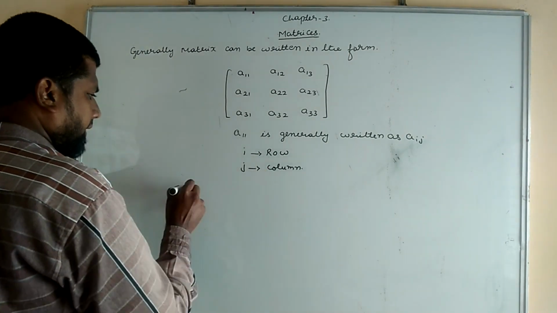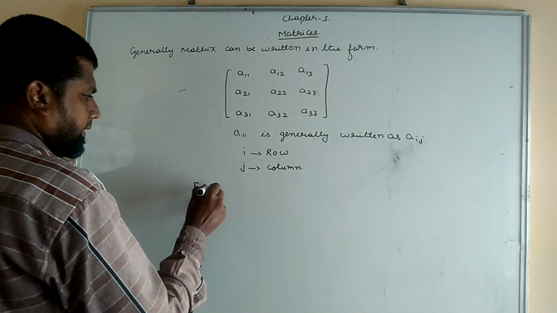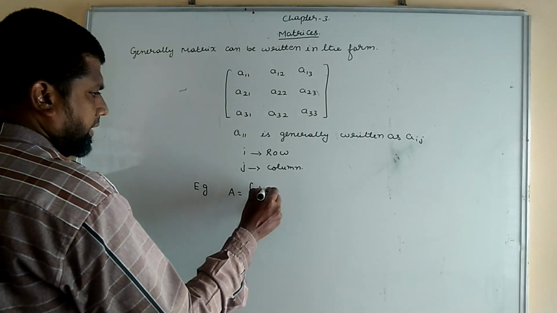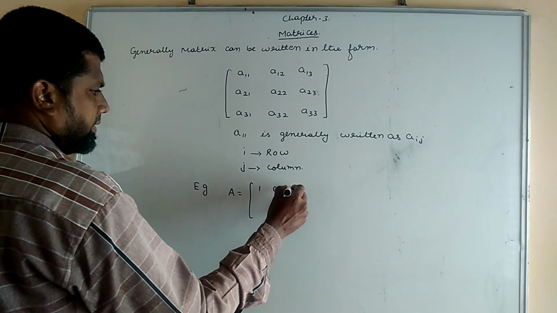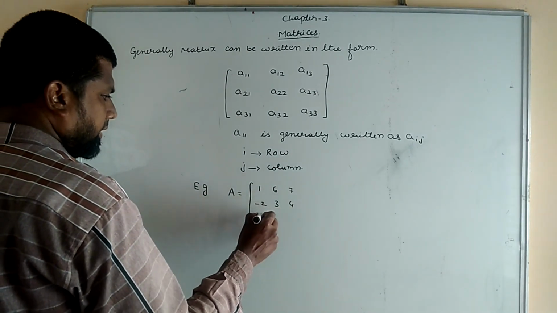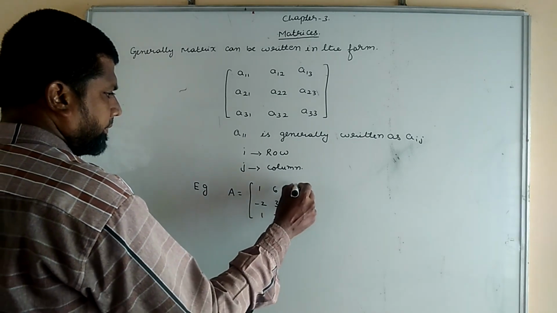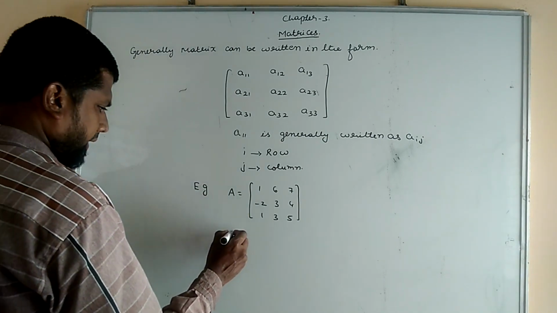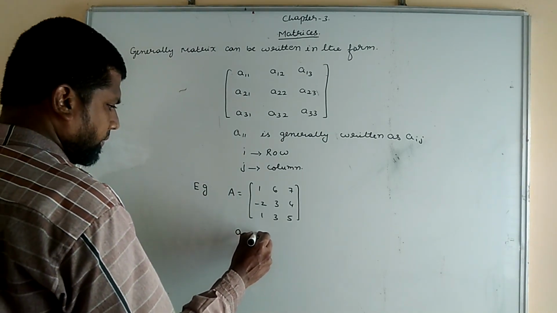So let us take an example. A is 1 4 1, 6 7 minus 2, 3 4 1, 3 5. So in this A11 element is 1.